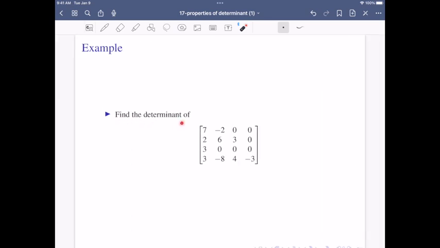So we will look at this. Find the determinant of a 4x4 matrix. At the beginning, we can see that there are many zeros.